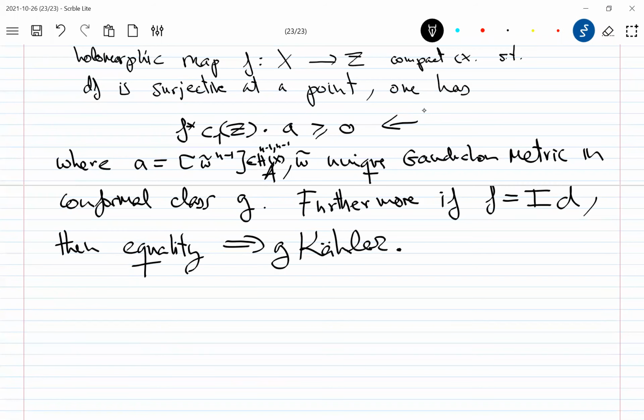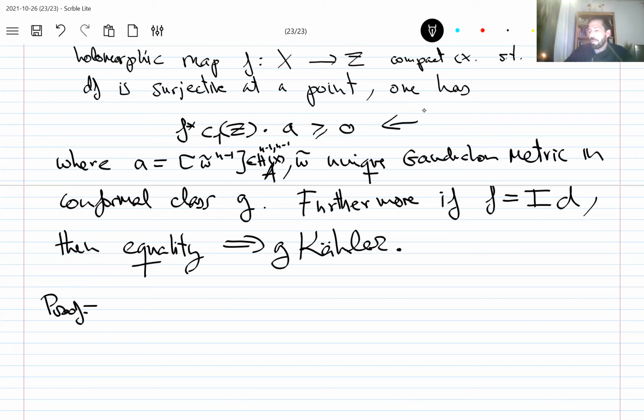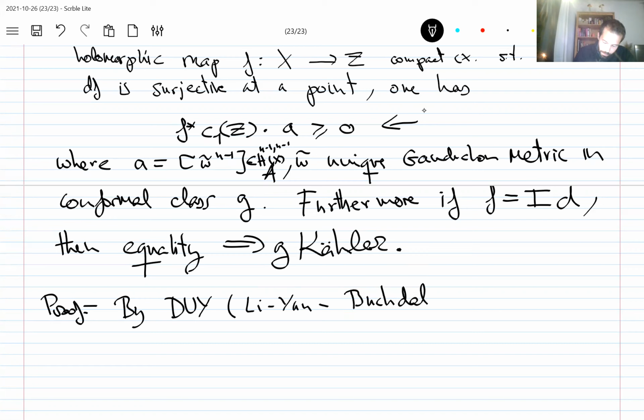Okay. So the proof is by application of the previous lemma and the Donaldson-Uhlenbeck-Yau theorem and its extension to Hermitian manifolds. So the proof is by Donaldson, Uhlenbeck-Yau, and Li-Yau, Buchdahl in the case of Hermitian manifolds. I never know how to write Buchdahl.